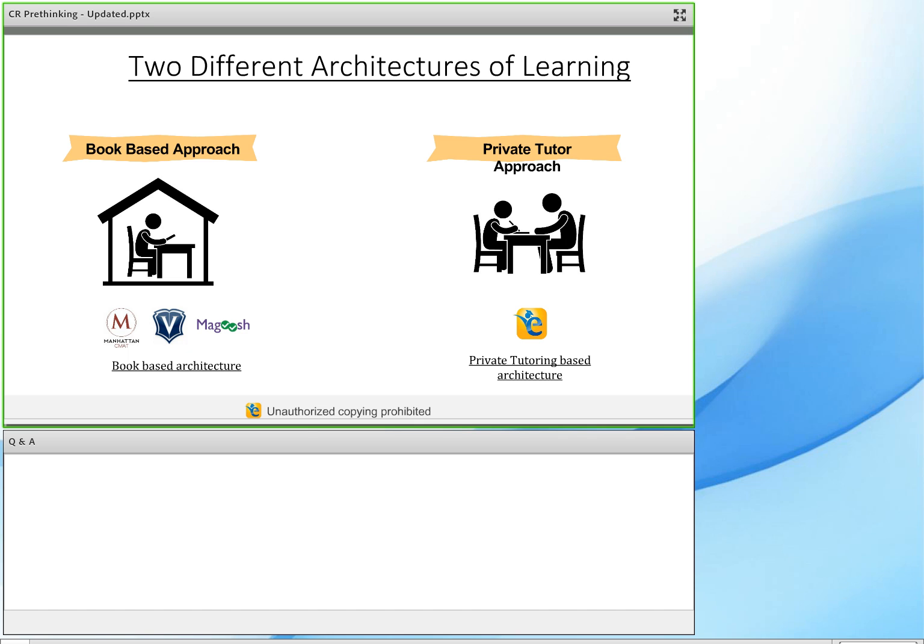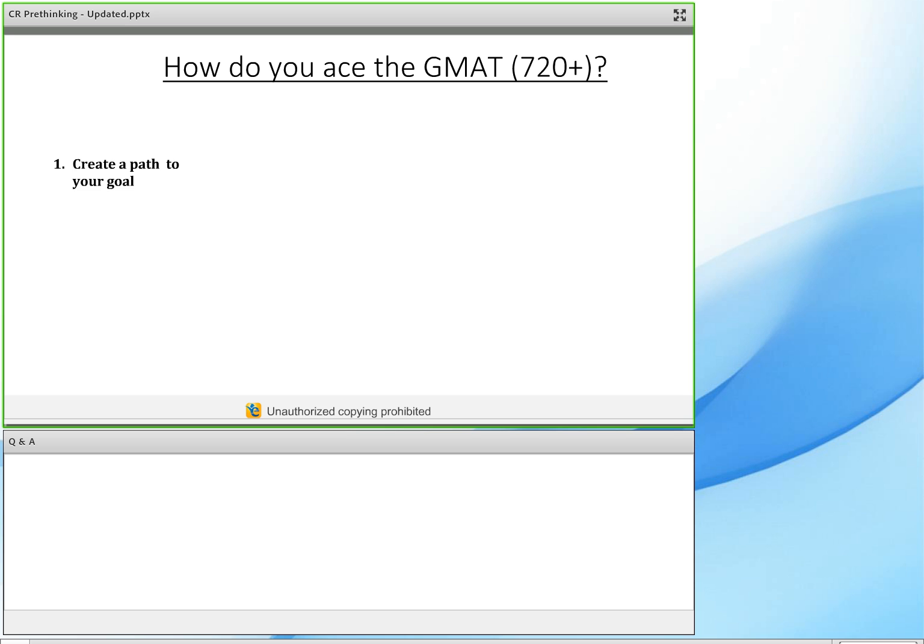e-GMAT, on the other hand, when you map our learning architecture to these two architectures, you're going to find that e-GMAT is much more closely aligned with that private tutoring-based architecture. So let's see how one architecture is different than the other, and why a private tutoring-based architecture leads to higher score improvements.